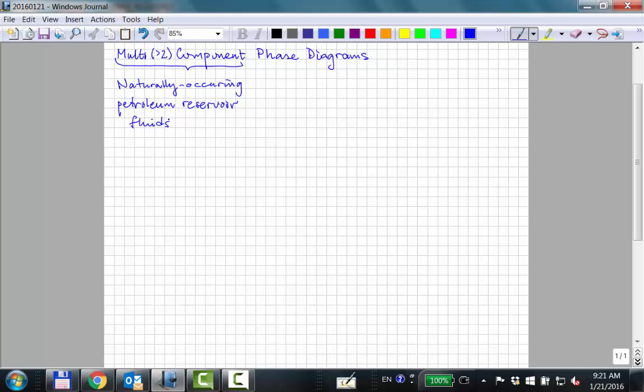Okay, so how many carbons are there? 6. And what's the molecular weight of carbon? 12. And then there's 6 hydrogens, so you get what? 78, I think. Yeah.